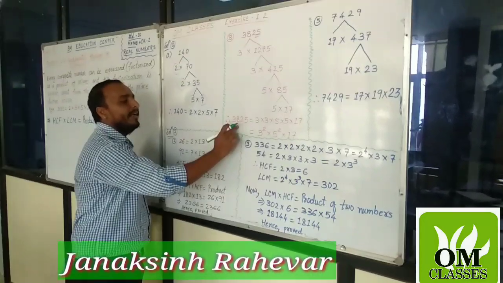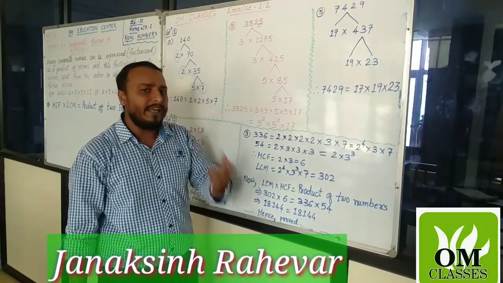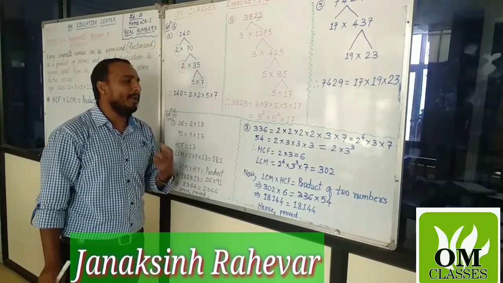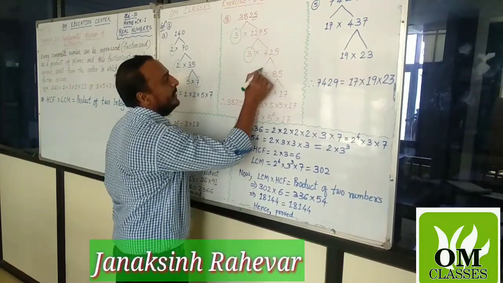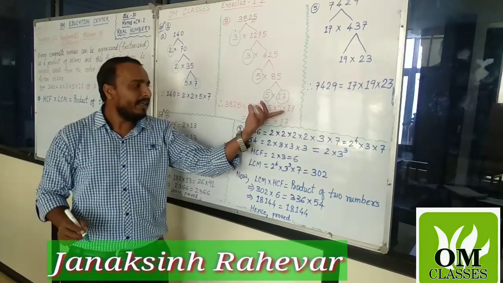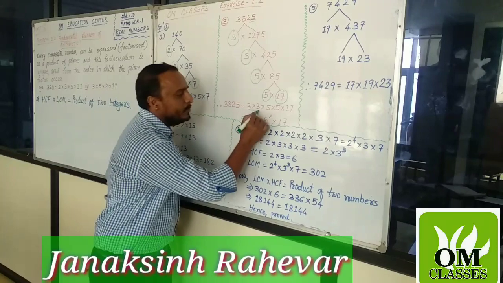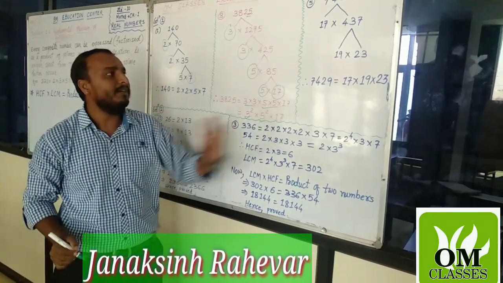So 3825 can be expressed in terms of prime factors as 3 into 3 into 5 into 5 into 17. Now 3 is written 2 times, so we can write 3 square, and 5 is written 2 times, so 5 square, and 17.